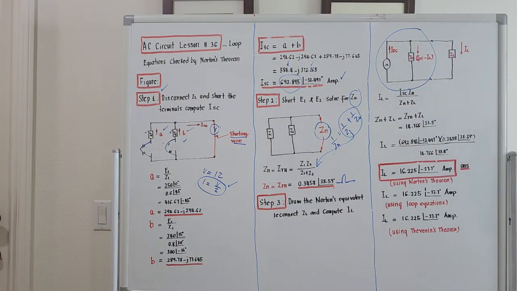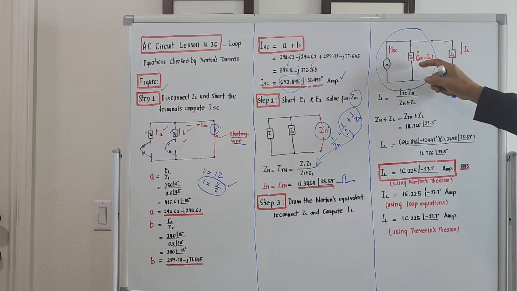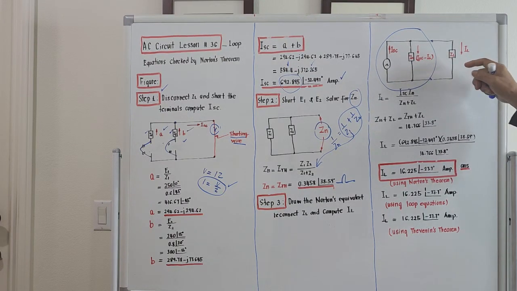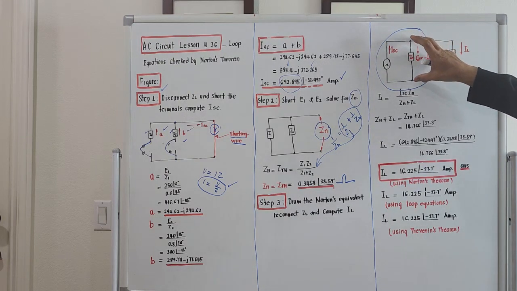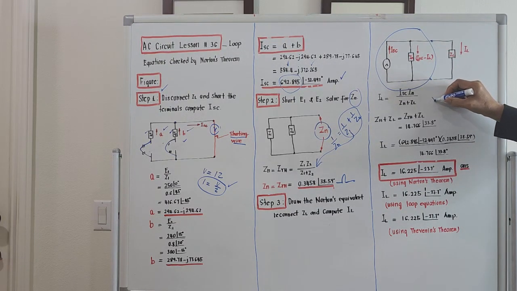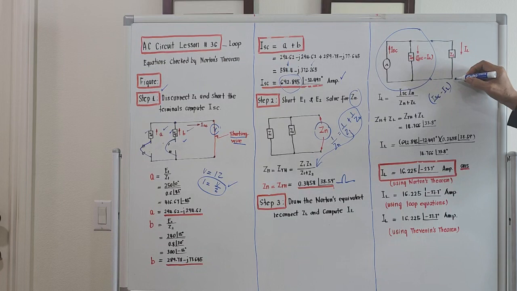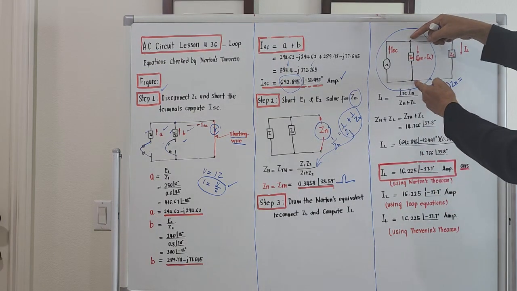So, after reconnecting ZL, this Norton's open circuit impedance is in parallel with Z sub L. And I think we derived this one from the last time around. The voltage across this should be equal to this. The voltage across ZN will be I short circuit minus I sub L, times Z sub N. That's the voltage across this.